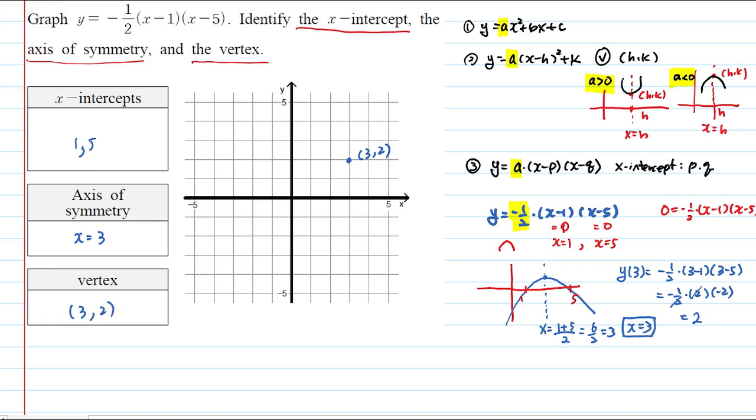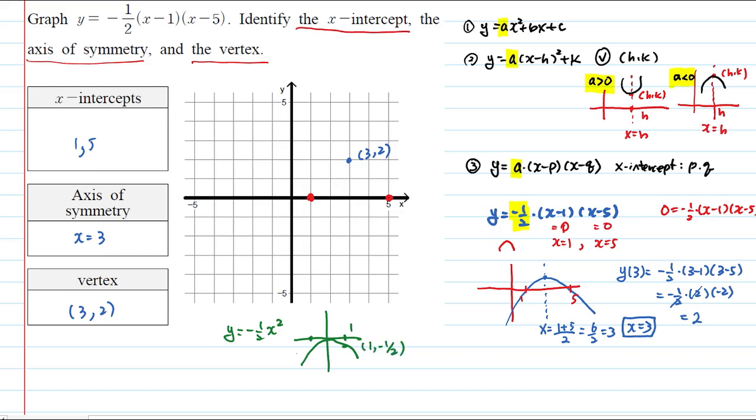And let's finish the graph. The x-intercepts are 1 and 5, so let's mark 1 and let's mark 5. Now if you want to figure out the adjacent point, meaning next to the vertex, we start with negative 1 over 2 x squared. That is, the graph will have this shape. Now when x is equal to 1, that will be (1, negative 1 half).